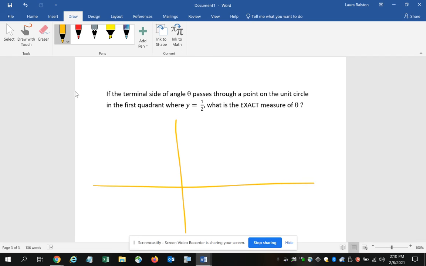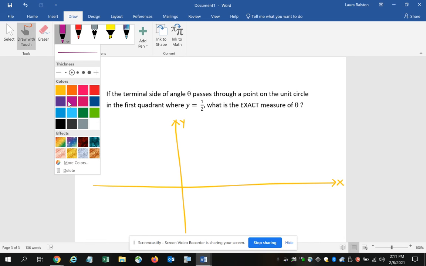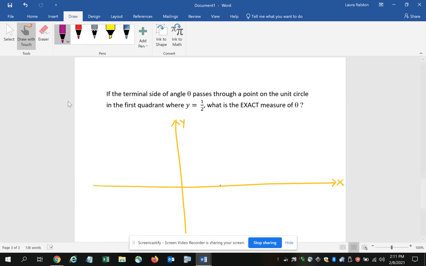So again, I like to draw the picture. It helps me to see what's going on. I would encourage you to do that. We're talking about a unit circle, and it doesn't have to be perfect. Mine's kind of sloppy, but it gets me to what I need. So I have my initial side, and it says y is 1/2.